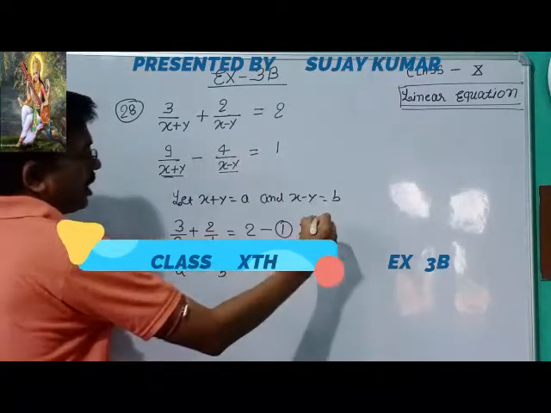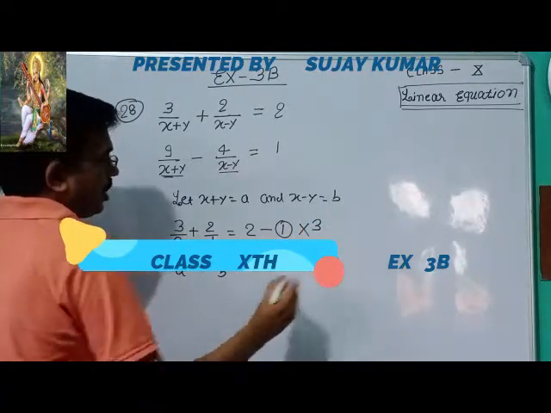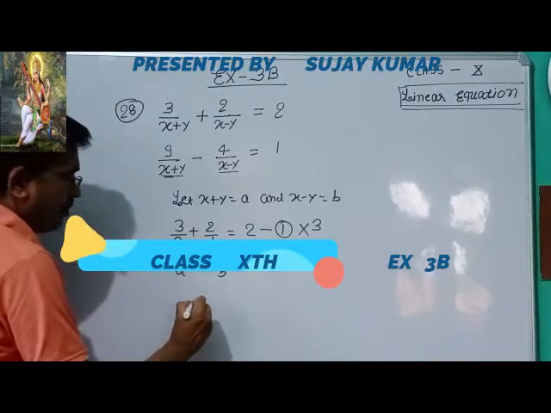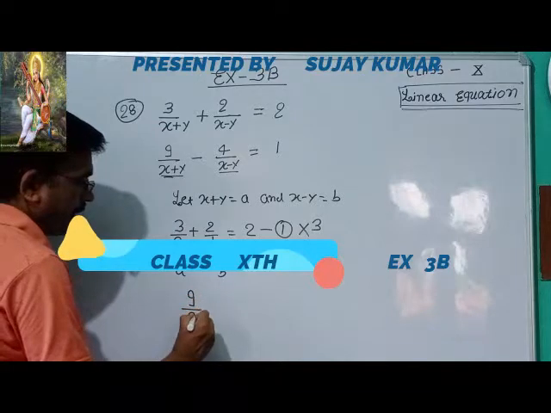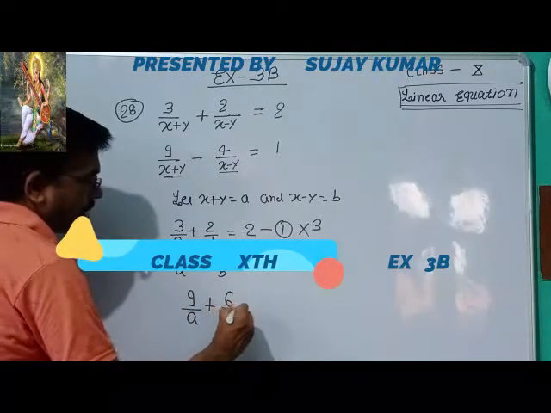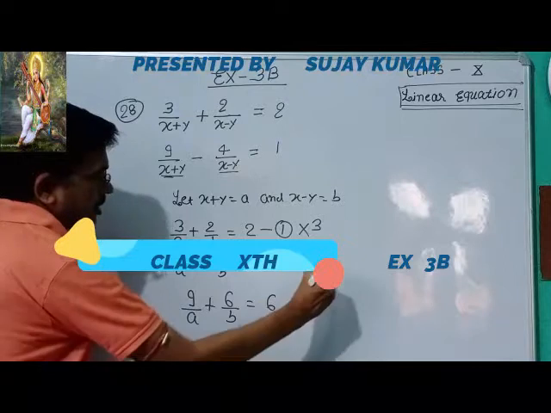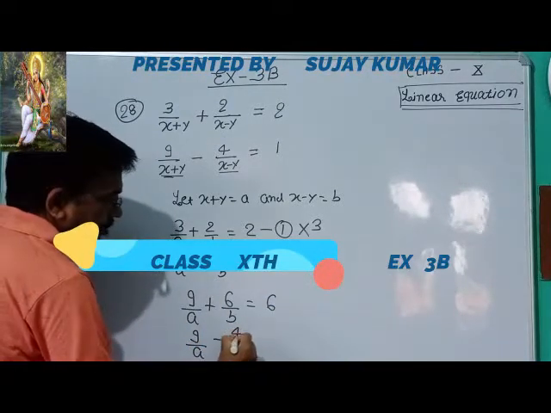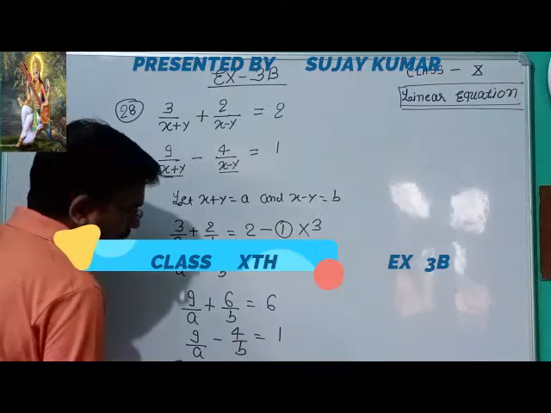Multiply the first by 3 and the second by 1. Then you get 3 times 3 is 9 and 9 times 1 is 9. After multiplying, you get 9 by a plus 6 by b is equal to 6, and 9 by a minus 4 by b is equal to 1.